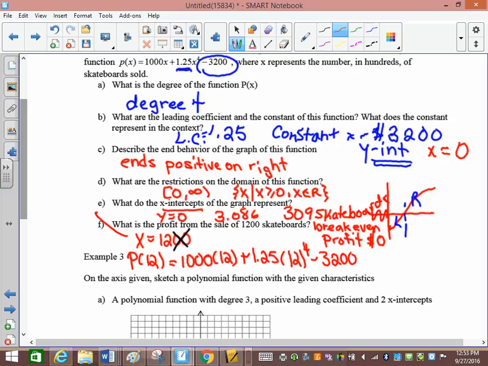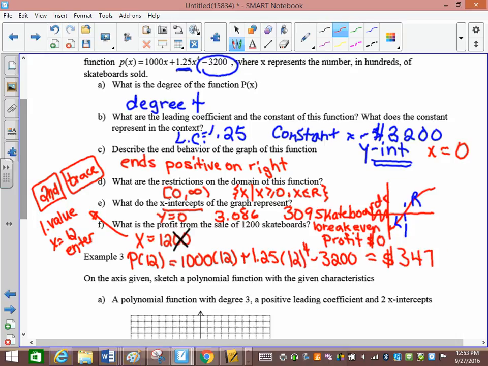So to do this on your calculator, you go second, trace, number 1 value. So when you know x, you can press these buttons. And then x equals pops up, and you're going to put a 12 in and press enter. And it will give you 34,720.